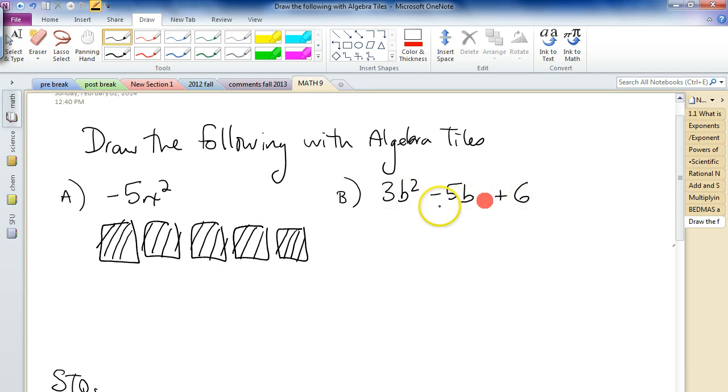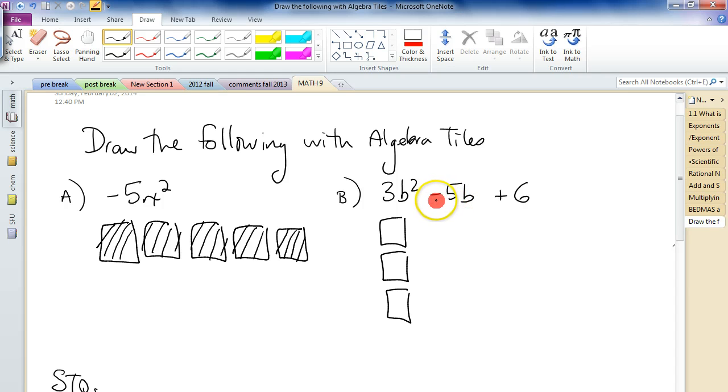Now, what about b? Well, what did I say about b's and x's and all these things? They're just variables. These things don't have to be x's or x squareds. It could be b squareds too. So it's the same thing as saying x squared. X, b, g, f, flipper, shoe, whatever you want. So it's a positive 3b, so we're going to put 3 big squares to show that they are 3 b squares.